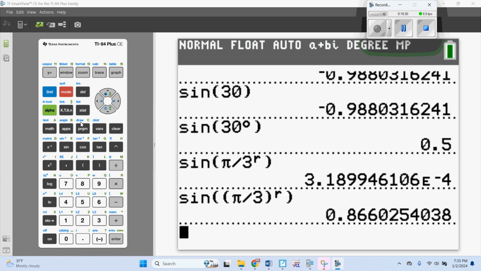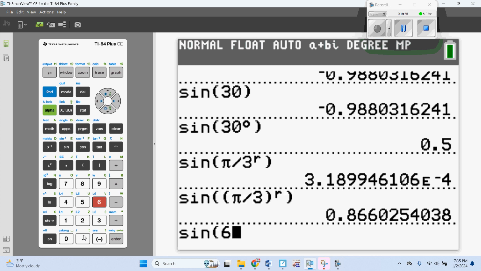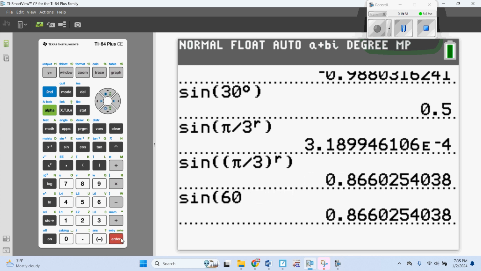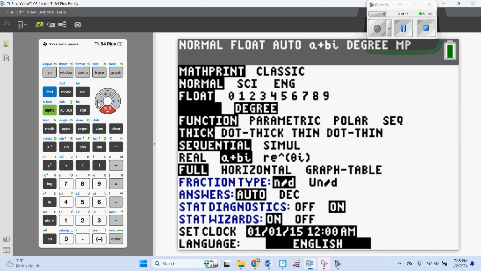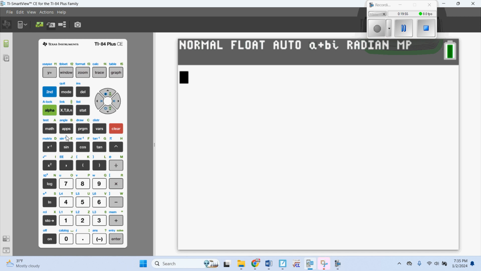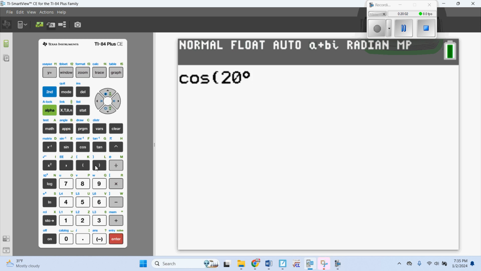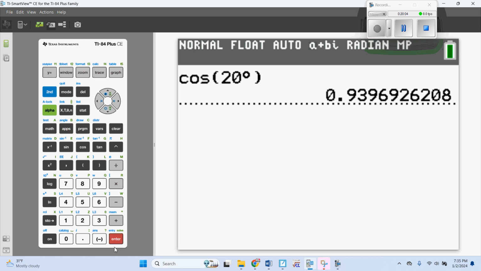Why is that not right? That is why I'm in degrees. I did the sine of 60 degrees, not the sine of 30 degrees, pi over 6. That was my mistake there. So you have to be careful with your modes. So the way I like to do this is I keep my calculator in radians most of the time, because we do a lot in radians. And then if I want to say cosine and I want degrees, I will hit angle and put the degrees sign there instead of changing my mode.